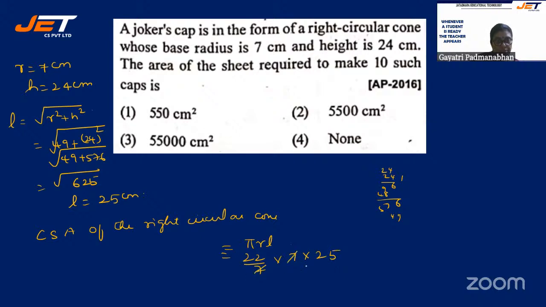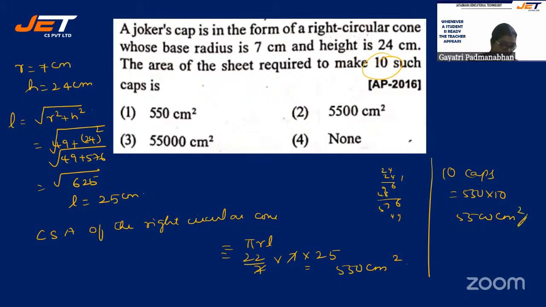So 7, 7, if you cancel, you get 22 into 25, which is 550 centimeter square. So this is for one cap. Now we need to make 10 such caps. So for 10 caps, it would be 550 into 10, which is 5,500 centimeter square.